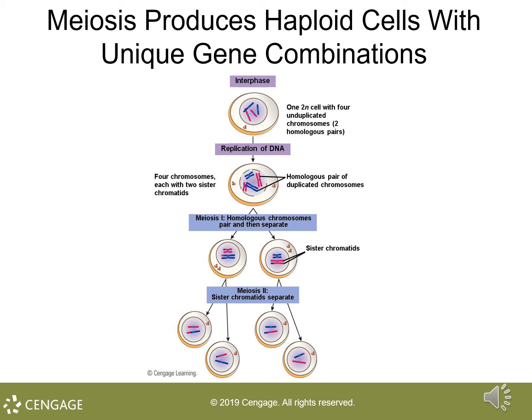So we've got 4 chromosomes and 2 different types, 2 separate pairs. We'll see that those wind up splitting so that we get one of chromosome 1 and one of chromosome 2 in each of those 2 cells. And then in meiosis 2, we'll see those sister chromatids get pulled apart.